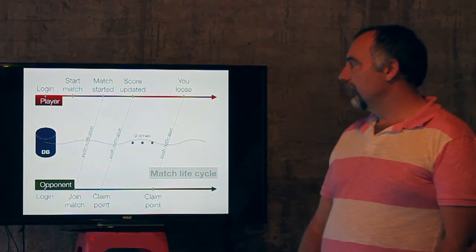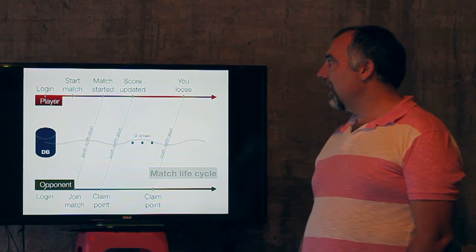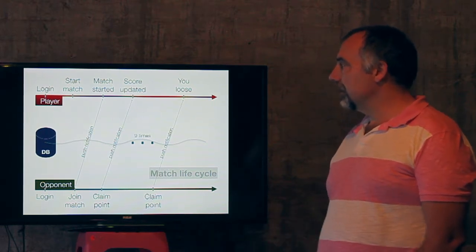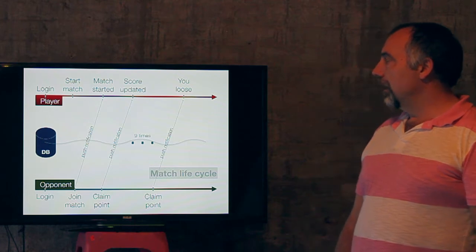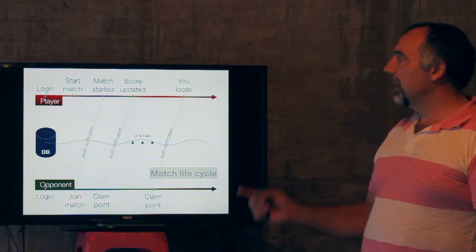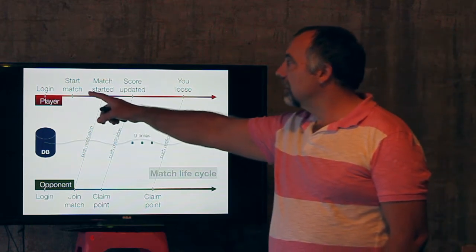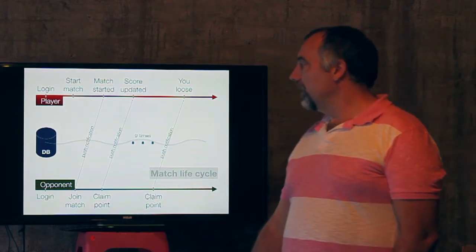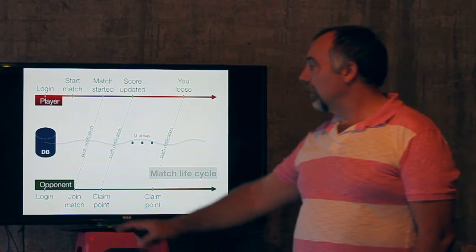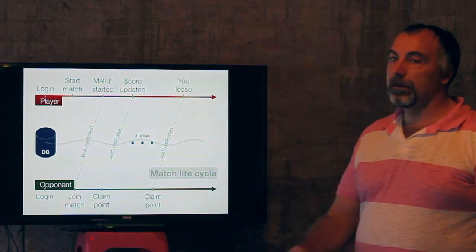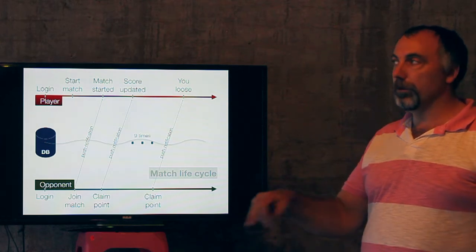The flow of the app is more or less simplified in this slide. The first player logs in to the platform and starts a match, waiting for an opponent that also logs in and finds the match closest to their location.